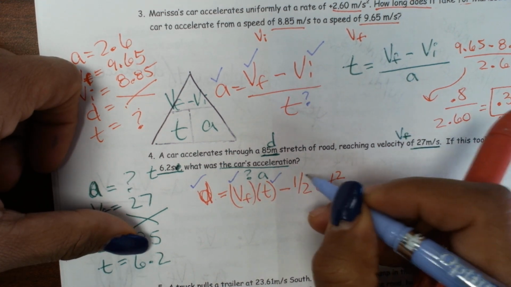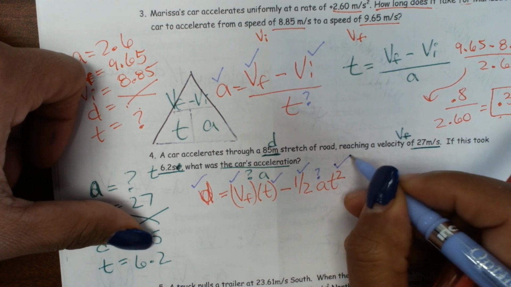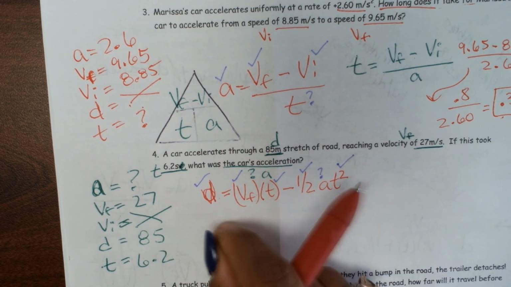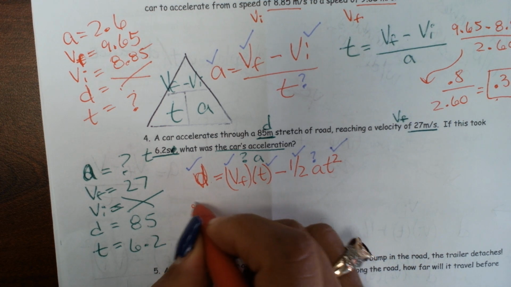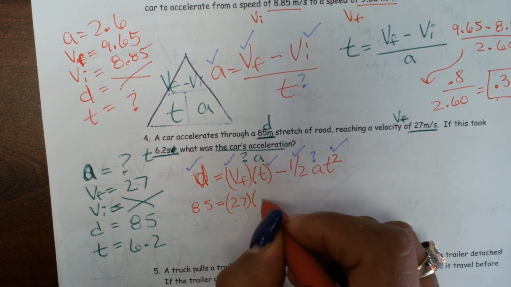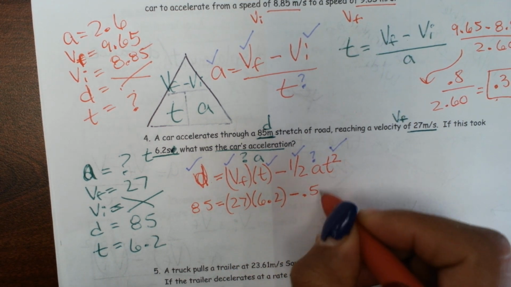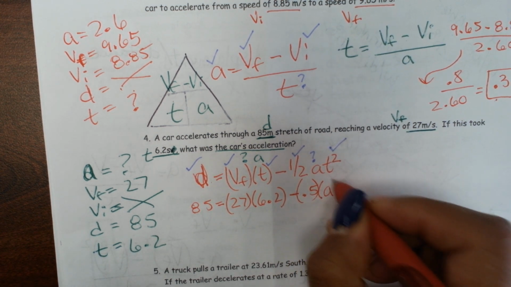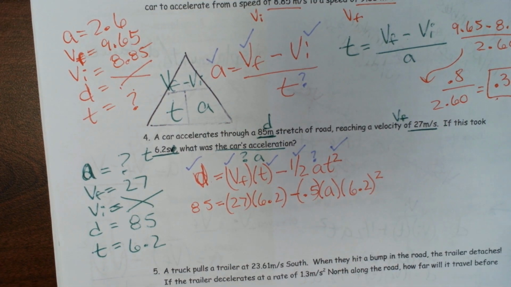T, check. 1/2, check. A, question mark, and T is a check. Now, algebraically, because I'm only missing one variable, then I should be able to go ahead and complete this. So let's do that. 85 equals 27, multiply it by 6.2 minus 0.5, we converted the 1/2 to a 0.5, multiply that by A is my unknown, 6.2 squared.